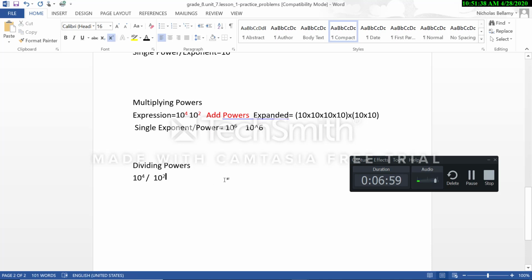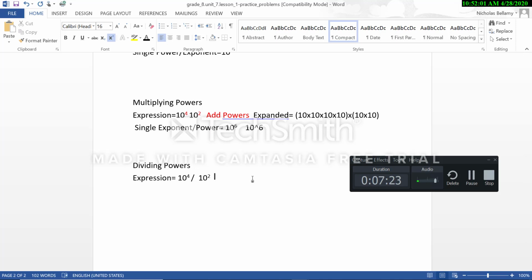All right, dividing powers. The opposite of multiplication is division. The opposite of addition would be subtraction. So, once again, this is my expression: 10 to the 4th power divided by 10 to the 2nd power.